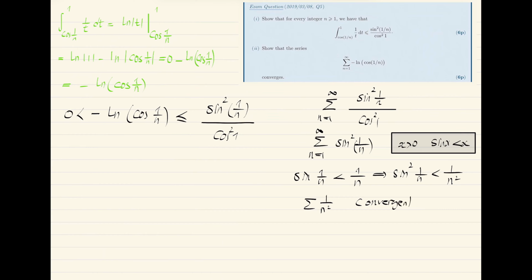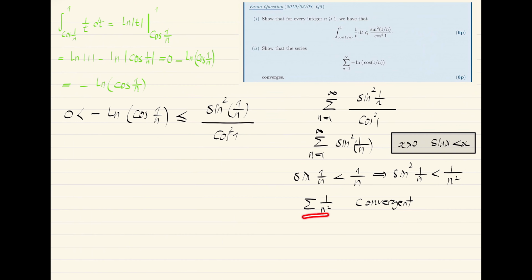Yes. So in principle, this means that this series is convergent because its terms are correspondingly less than the terms of a p-series with p greater than 1.